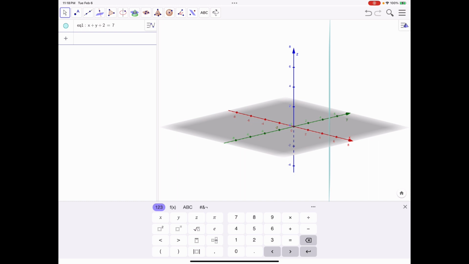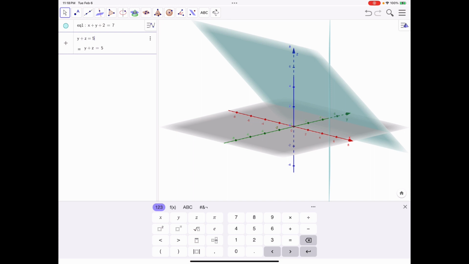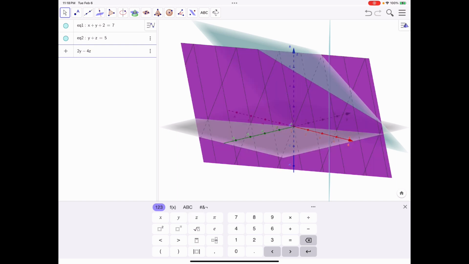Second plane that I'm graphing, y plus z equals 5. Third plane, 2y minus 4z equals negative 14.